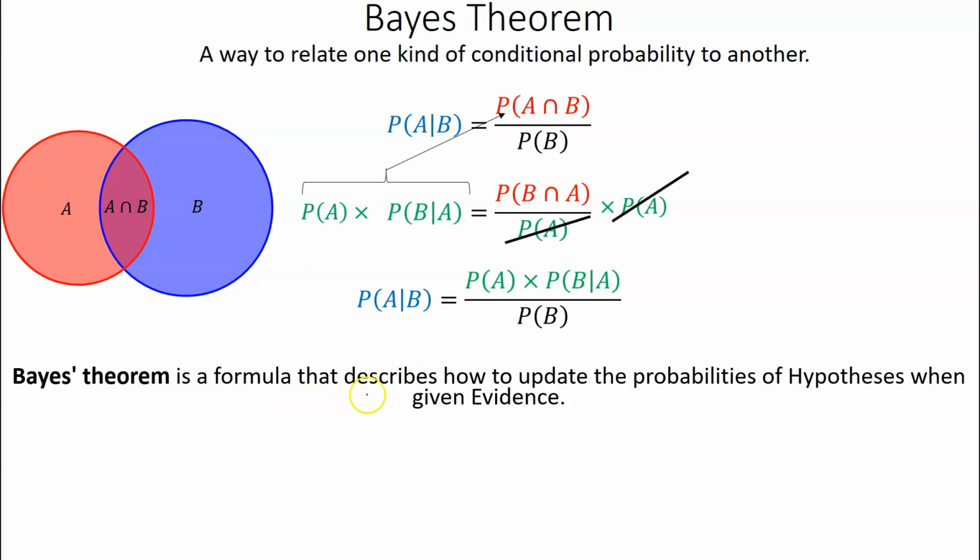Bayes' theorem is a formula that describes how to update the probabilities of a hypothesis when given evidence. So you're going to see me do a lot of medical applications to this because that is one of the really big areas that uses Bayes' theorem. And typically the hypothesis is somebody has a disease or they're sick, given that a test came back positive.